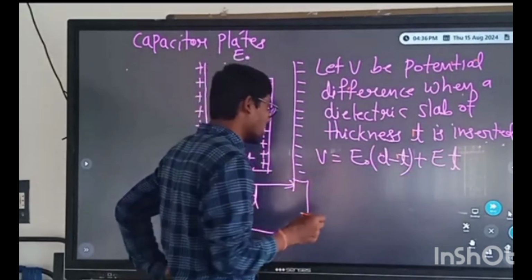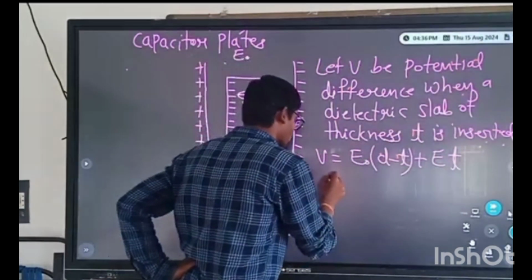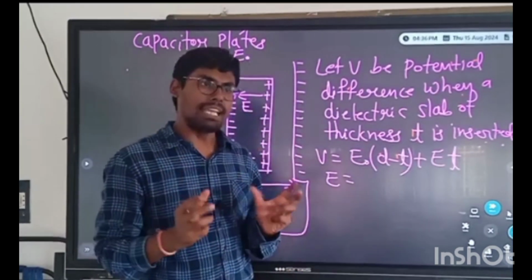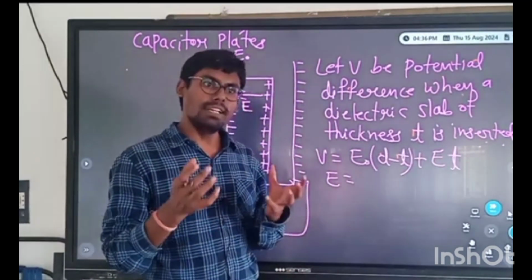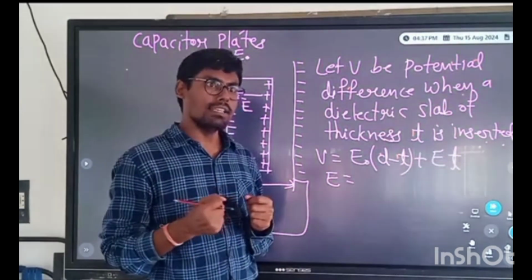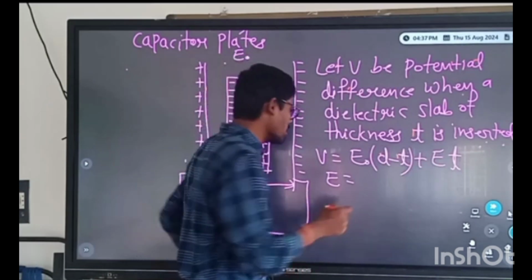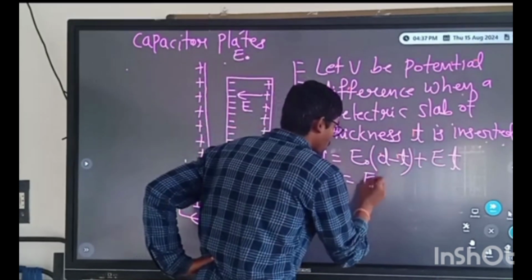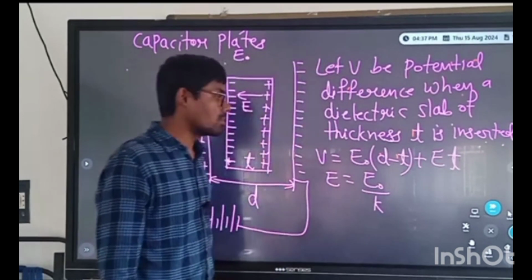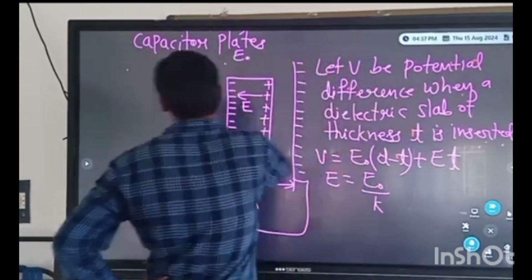Now what is the electric field inside the dielectric slab? When we introduce a dielectric slab, the external electric field will decrease, and inside the dielectric slab the electric field will be E, which is equal to E naught by K. Now we move ahead.